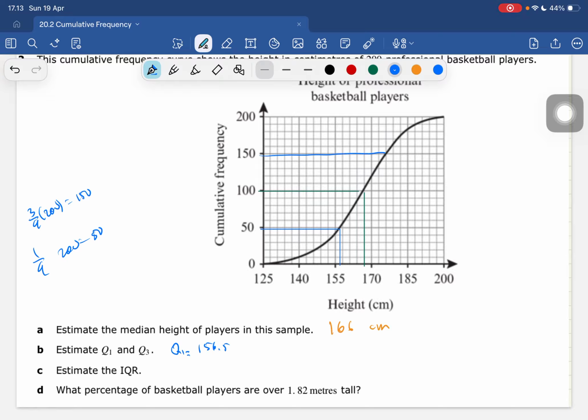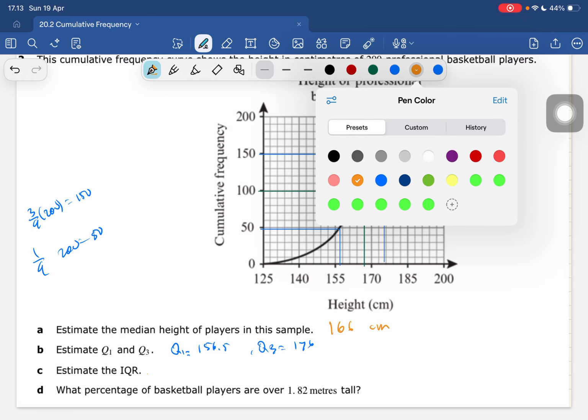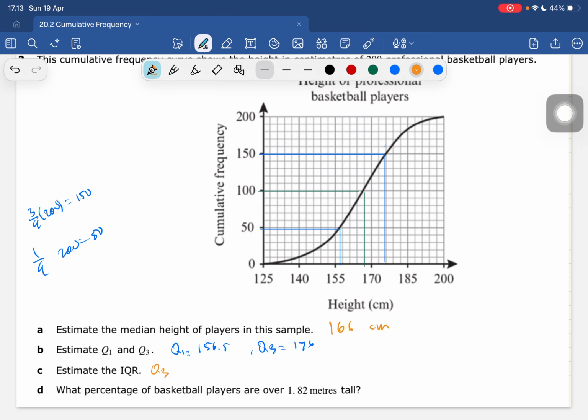Go down here. Quartile 3 equals 176. So the interquartile range is quartile 3 minus quartile 1, so 176 minus 156.5 is 19.5.